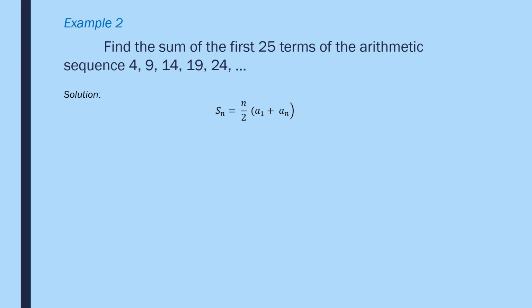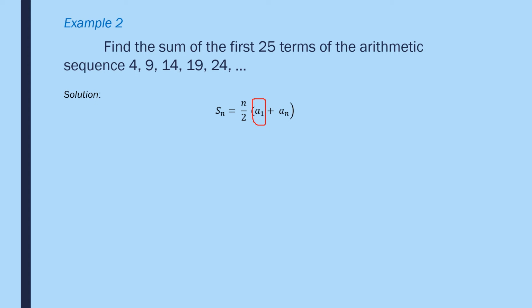Okay, so we have a sub 1, which is 4, but we don't have a value for a sub n.